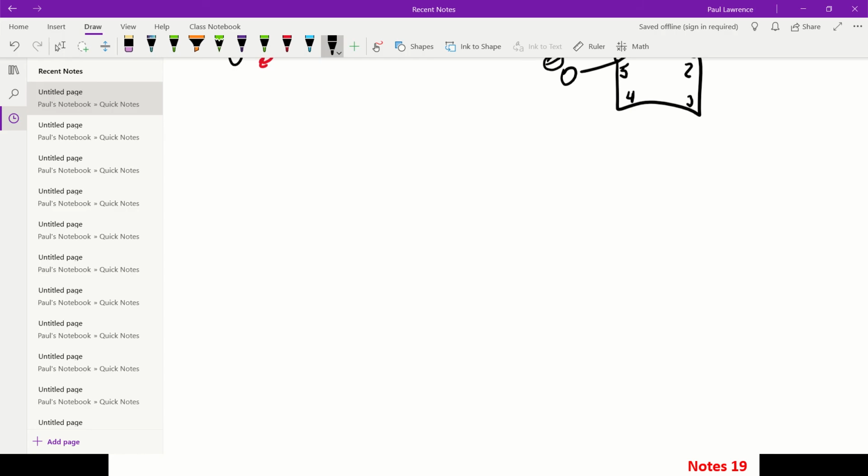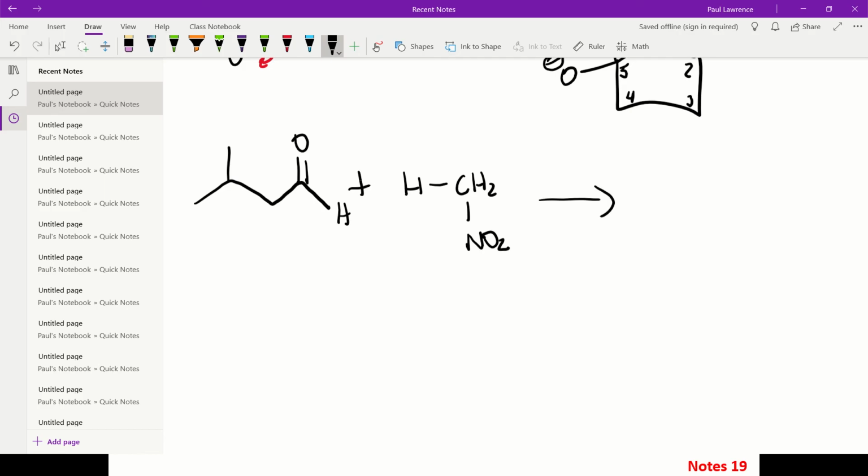So let's say there's our aldehyde, and here's our nitro group. So the first thing is that our base is going to come, grab that proton, because we see that that hydrogen's acidic.